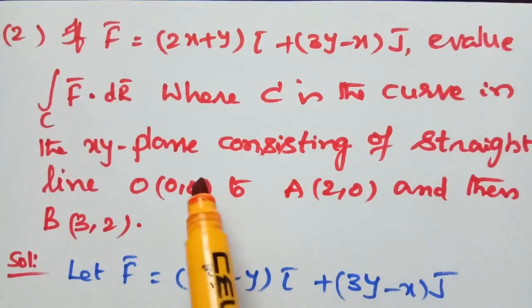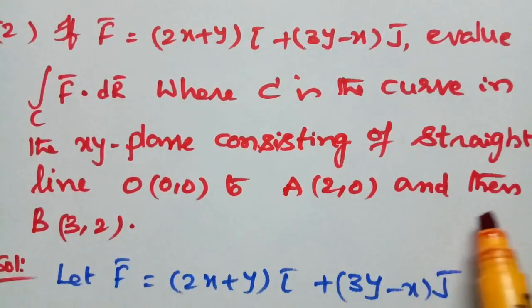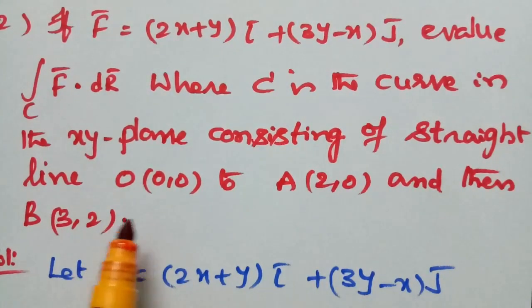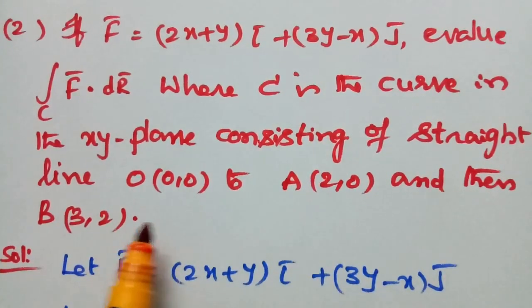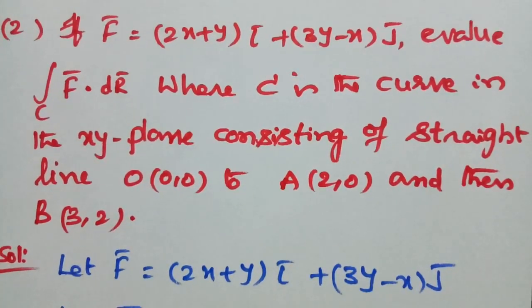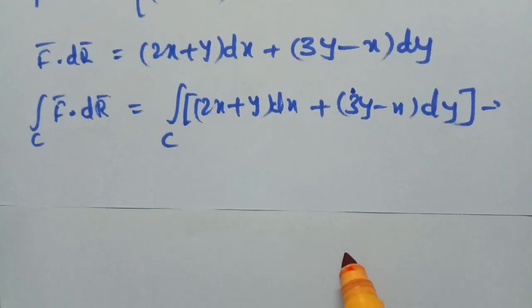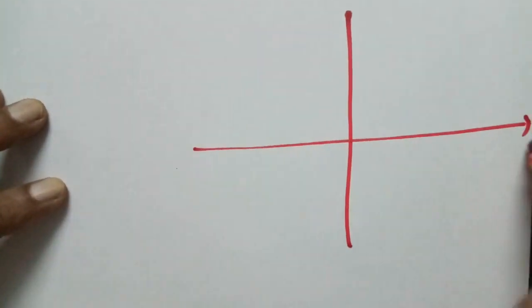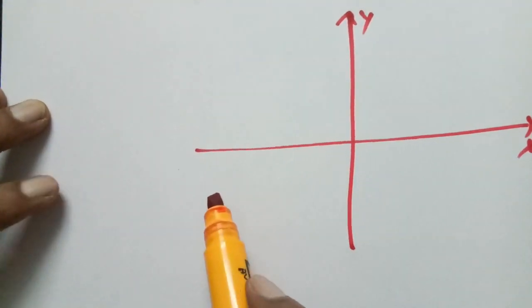Here C is the curve in the xy plane consisting of a straight line O to A and then A to B. So first we have to draw the diagram. X-axis, y-axis.